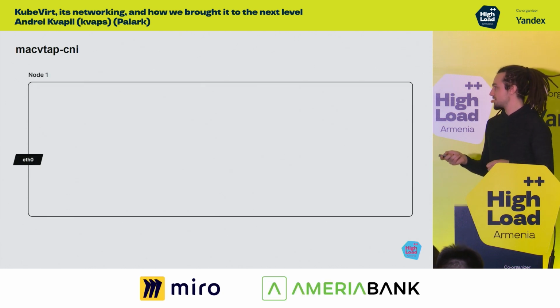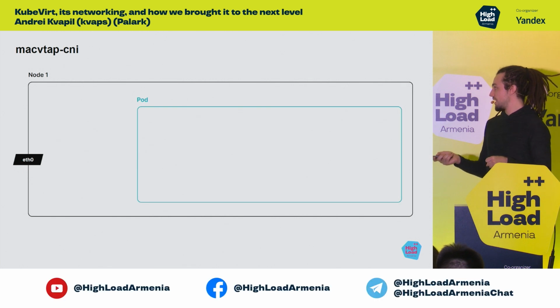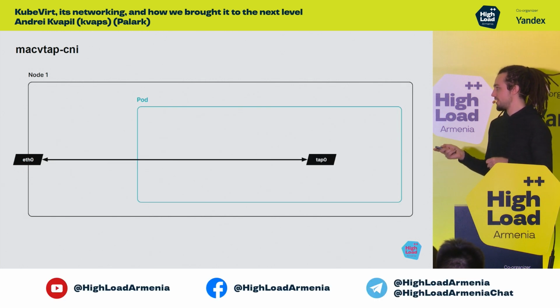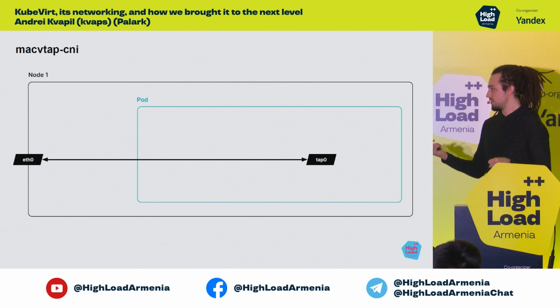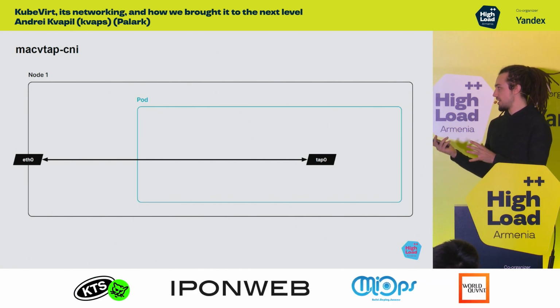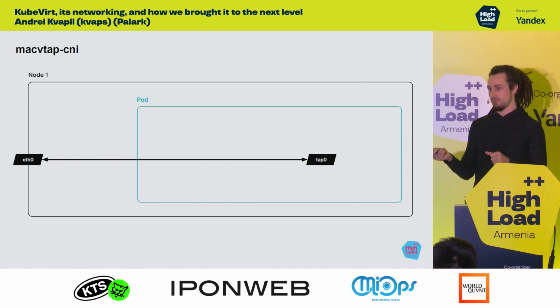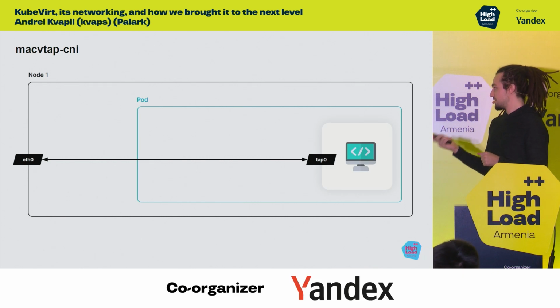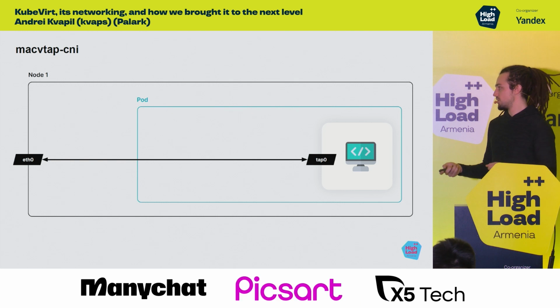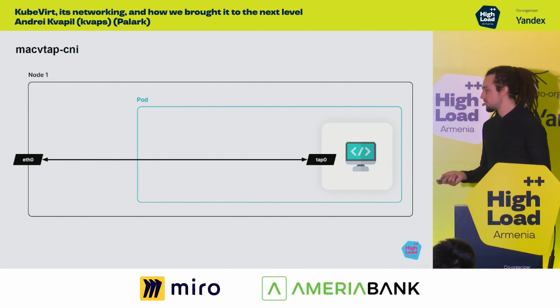And it works the next way. When we have a pod, a macvtap interface is created and attached directly to the physical interface of the node. And since this is the same tap interface, it can be used directly by the virtual machine. That works nice, and it works everywhere. You don't need specific hardware for that.